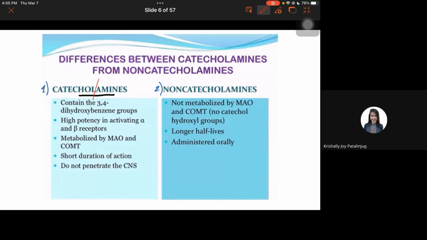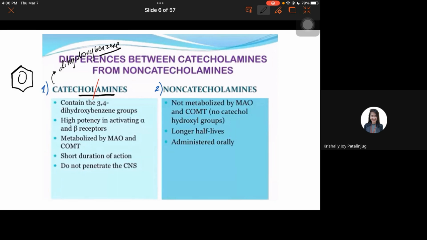If you try to read the term, it has something to do with the structure. Catechol is an organic structure. Also, amine is a structure. The catechol class, its structure, is chemically known as dihydroxybenzene. Dihydroxybenzene. So meaning, it has a cyclic ring, in the form of a benzene ring.